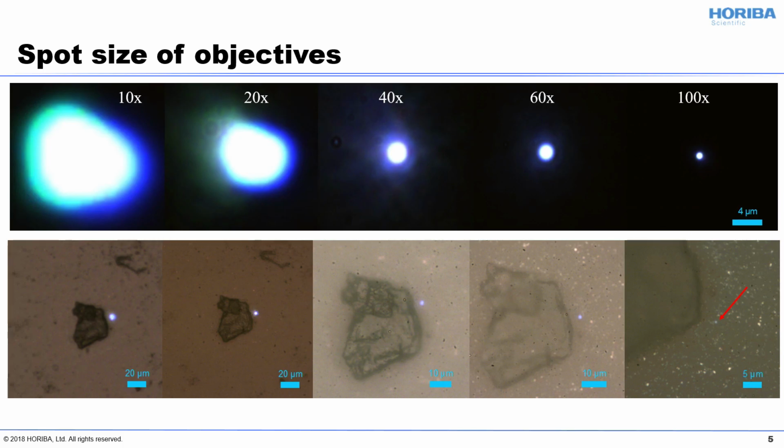The bottom one shows the white spots on the scattering sample surface, which is molybdenum disulfide (MoS2). This is a MoS2 flake on a glass substrate. On the glass substrate, we can see the spots very clearly. On the 100x, here is our spot, which is very tiny.